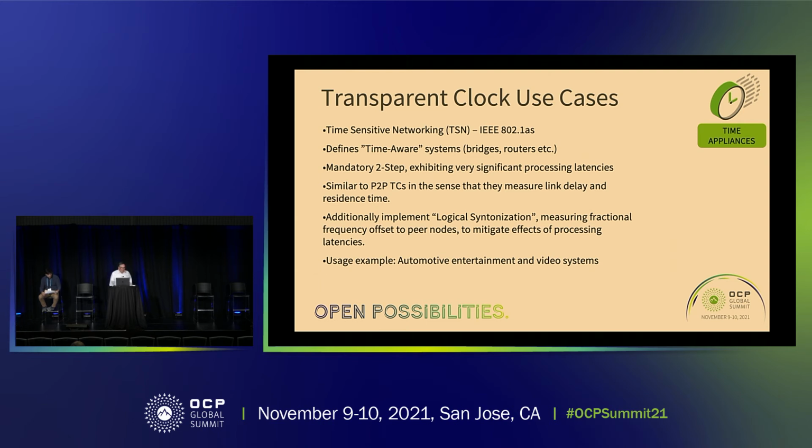One of the consequences of this mandatory two-step is that these devices typically exhibit very long processing latencies. So the combination of long processing latencies with accurate measurement requires that you perform syntonization, or you understand what is your frequency offset relative to that of the master.